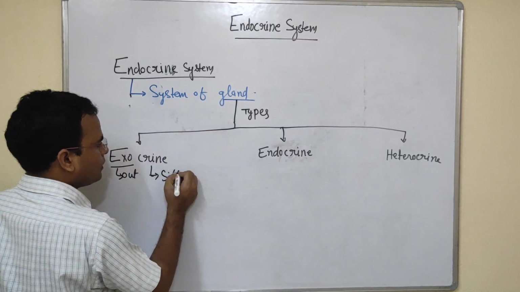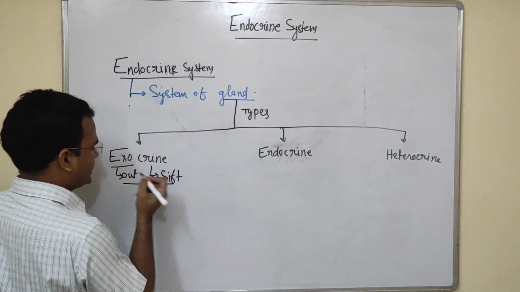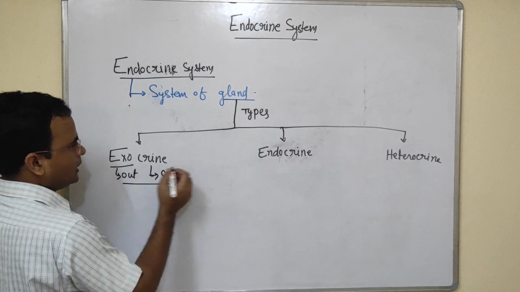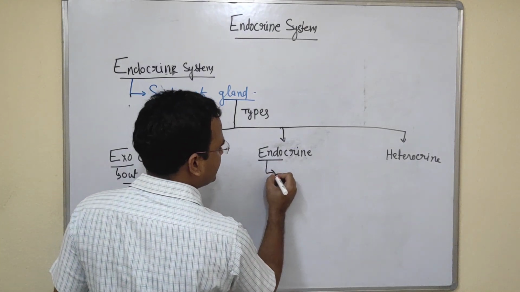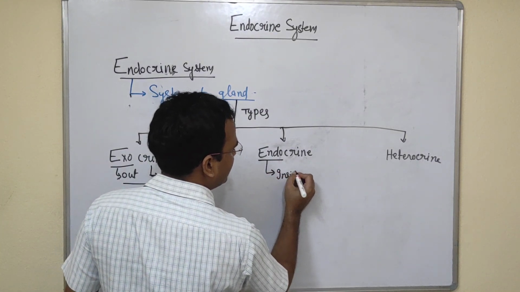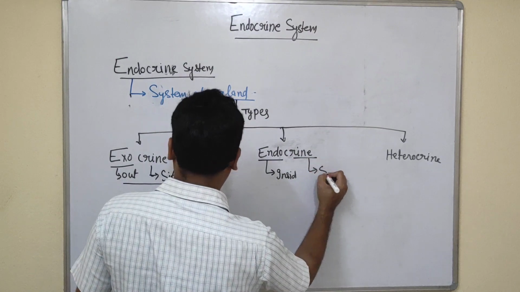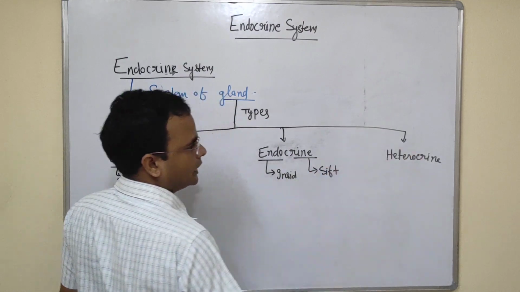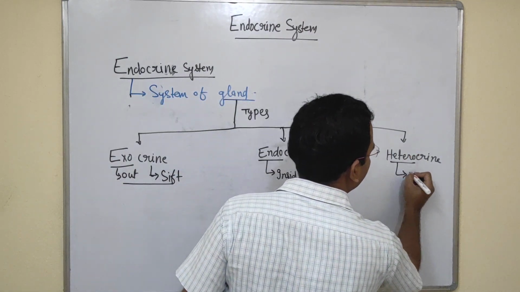So exo secretes its secretion outside. Endo means inside, and sift. And hetero means both types.